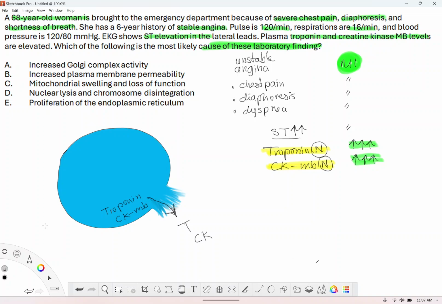Well, Golgi complex activity, remember all cells have Golgi. Let's say there's the nucleus, around the nucleus you have the rough endoplasmic reticulum, and the endoplasmic reticulum is attached to Golgis, and Golgis have vesicles that release their content or protein outside or inside.